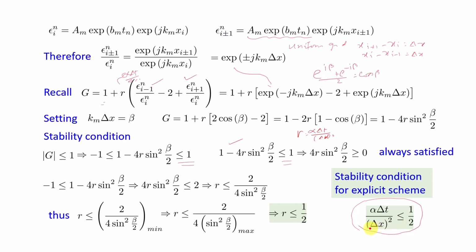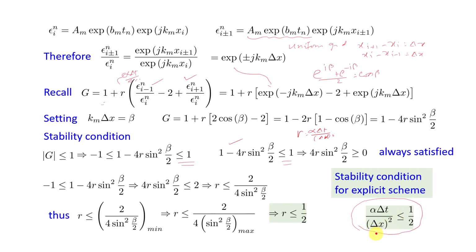Therefore, if you blindly reduce delta x when simulating, hoping that if the grid is small I'll get a better solution, you will not. Because smaller delta x means alpha delta t by delta x square will increase. And if it increases above 1 by 2, then the solution will become unstable and you will get unphysical oscillations, an unbounded result.